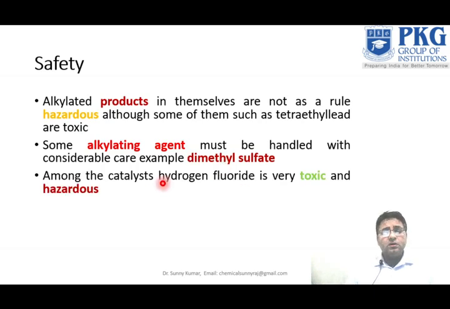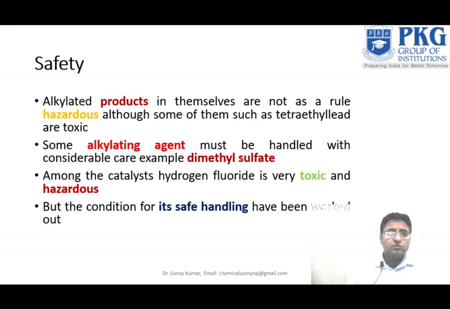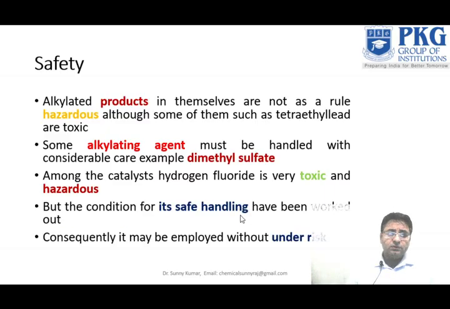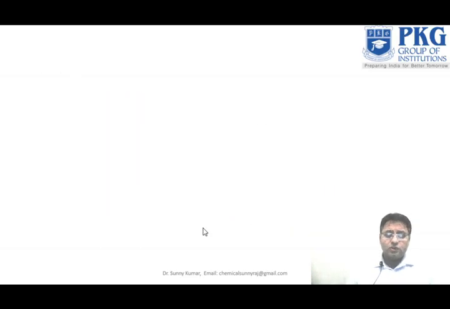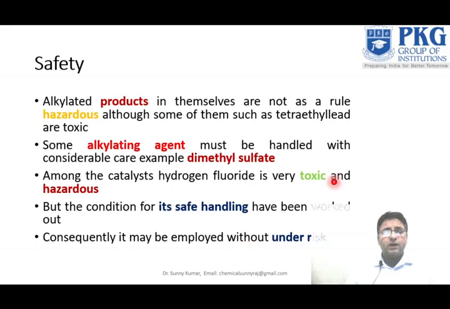Among the catalysts, hydrogen fluoride is very toxic and hazardous. We know that this is acidic in nature also. But the conditions of its safe handling have been worked out, and consequently it may be employed without undue risk.